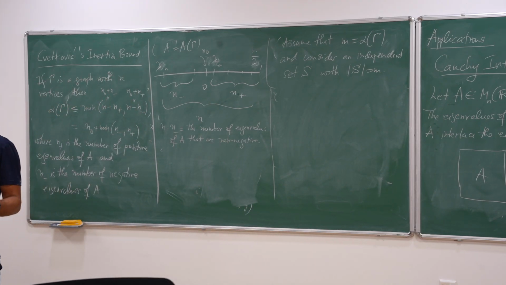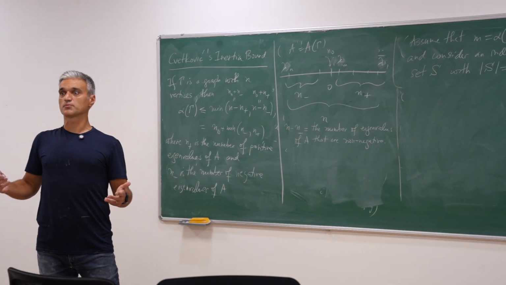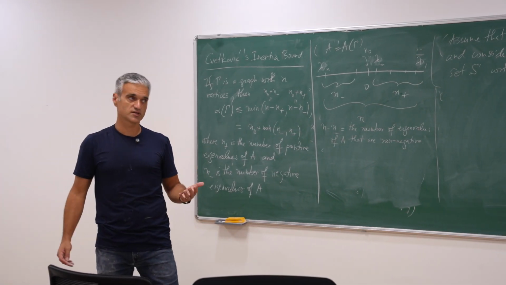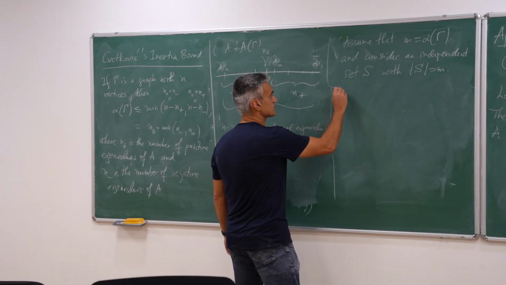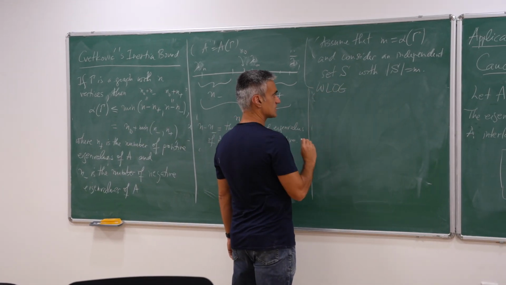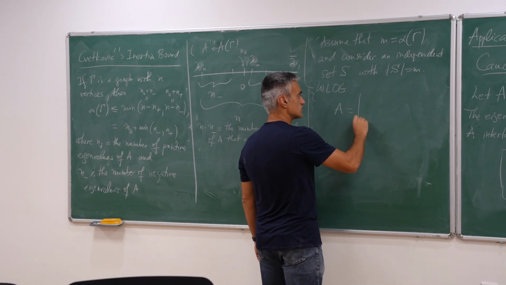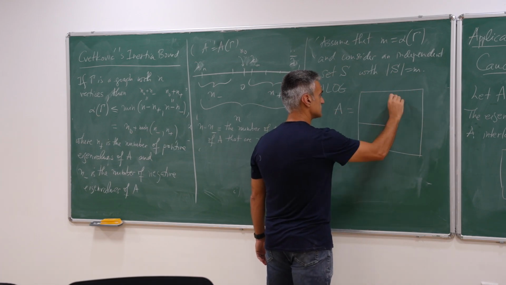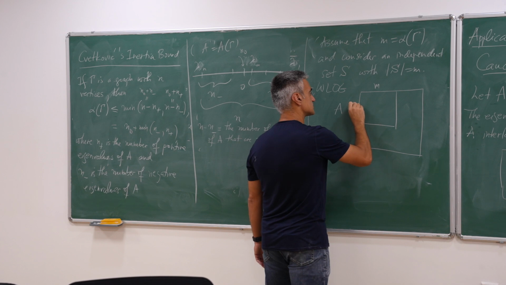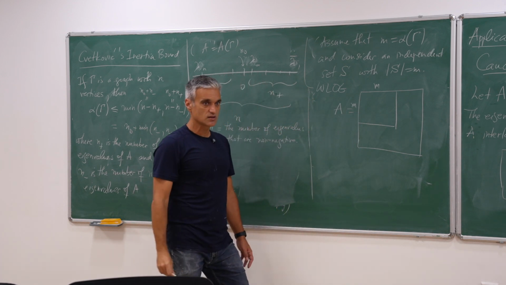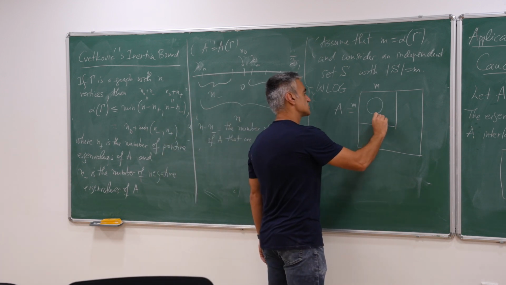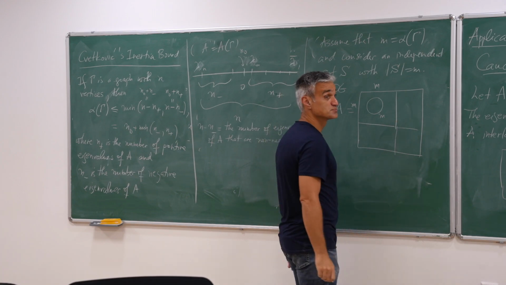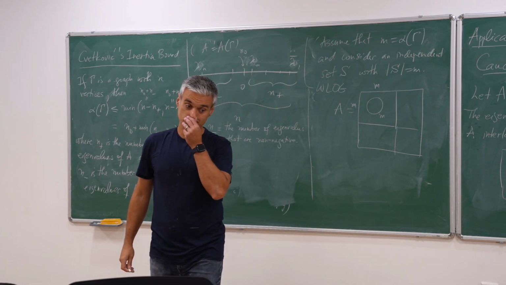Now, what can you say about the principal submatrix of the graph which corresponds to the vertices in S? It's a zero matrix. So without loss of generality, I can assume that A looks like this: the vertices in S are at the beginning, and I have here just a giant 0.